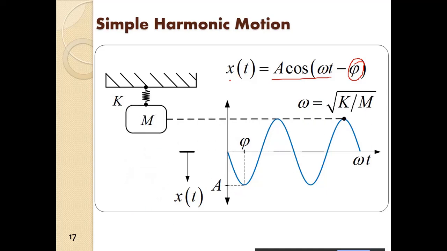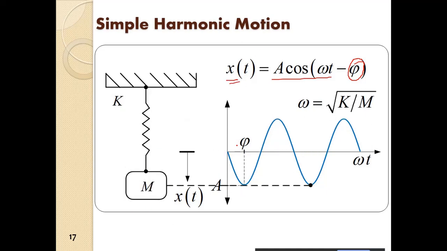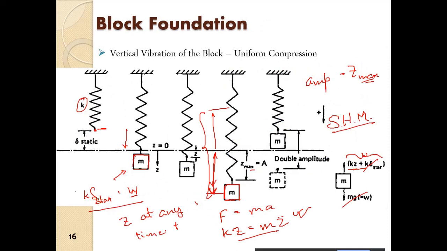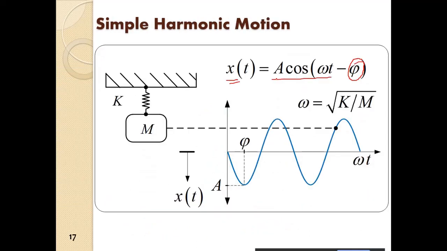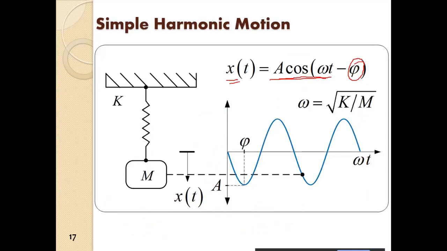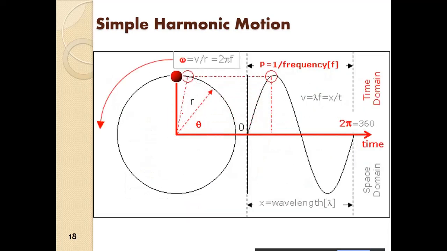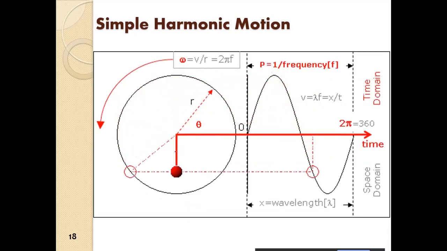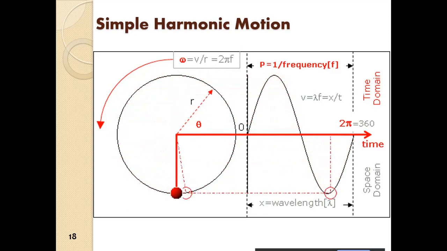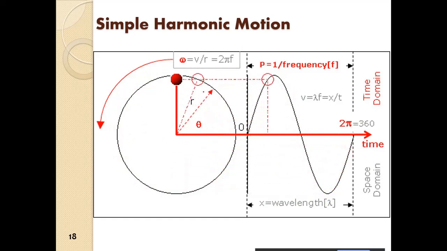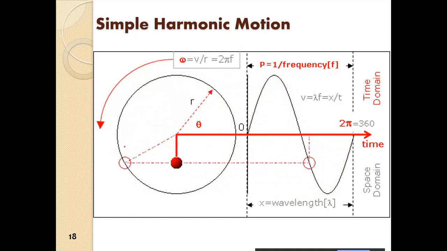So the displacement function, here in this case x it is written, here in this case it will be z. So whatever you take, ultimately it is the displacement function, and at any time t we can write the displacement function as a cosine or a sine function. So the thing is that the particle will undergo a motion of this sort, so it will go up and down, and while that, the projection of that particle will undergo a uniform circular motion.